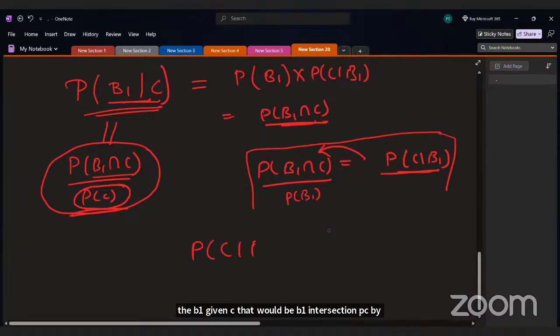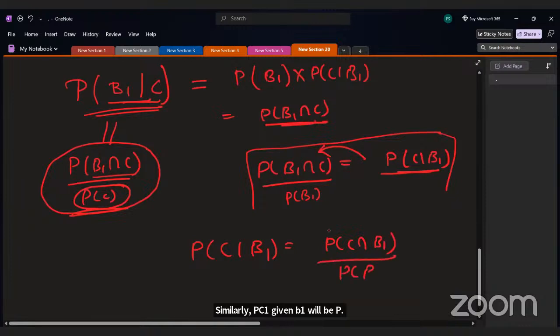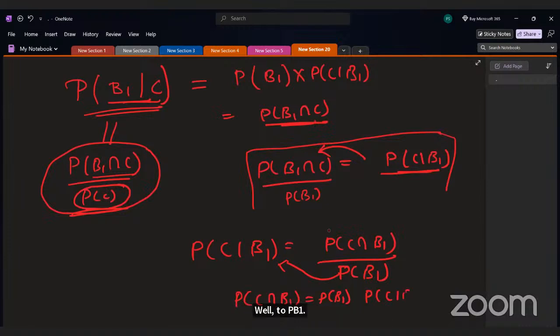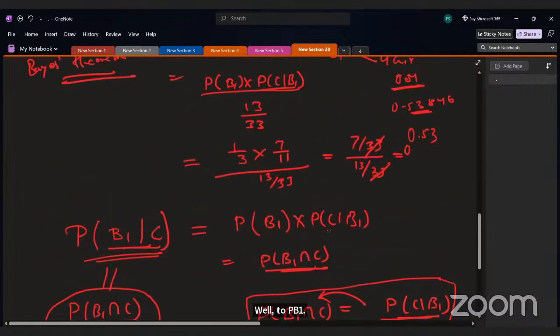Similarly, P(C given B1) will be P(C intersection B1) by P(B1). Now we simply take this to this side and we get the formula P(C intersection B1) equals P(B1) into P(C given B1). And that's what we did here.